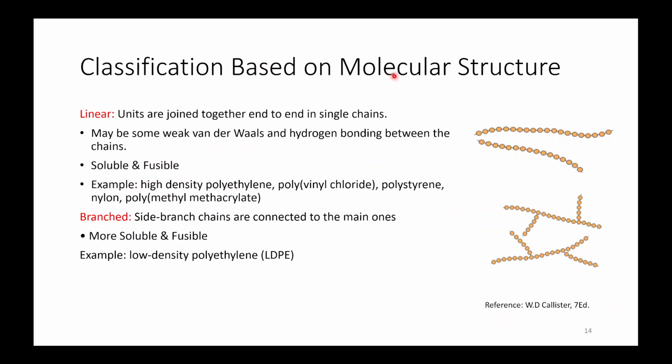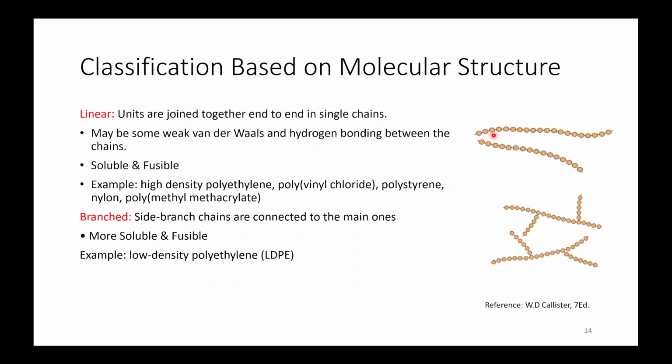Now classification based on molecular structure. First is linear polymers. In this case, your units are joined together end to end in single chains. This is how your structure will look, and there may be some weak van der Waals bonding and hydrogen bonding between the chains.